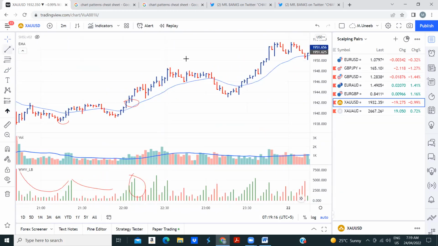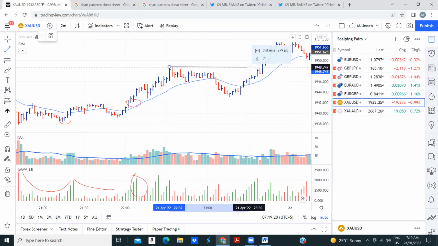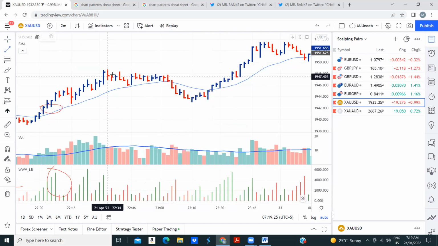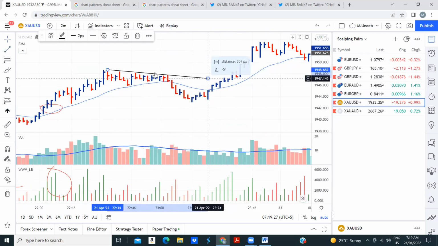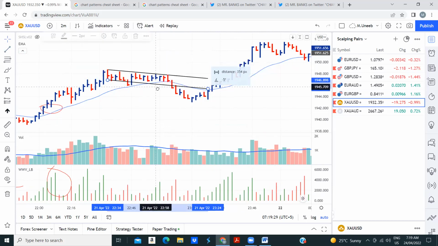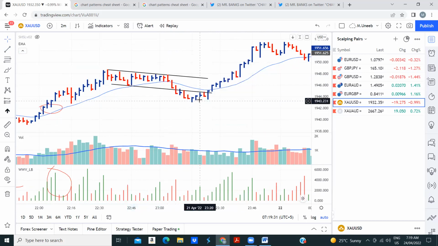A redistribution, as I told you. Now, if I want to draw this channel here, I will draw this part and this part, and then I will draw a channel like this. So this was already what? What do we call it? Oversold. Am I right?